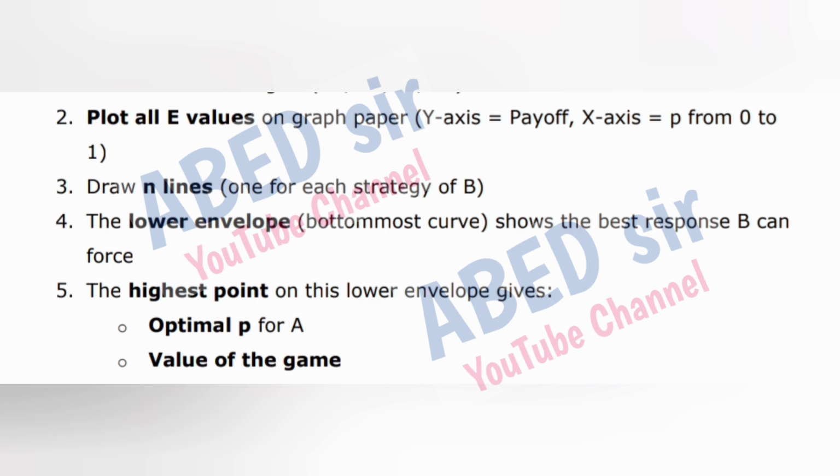Draw n lines, 1 for each strategy of B. 4. The lower envelope, bottommost curve, shows the best response B can force. 5. The highest point on this lower envelope gives the optimal P for A and the value of the game.